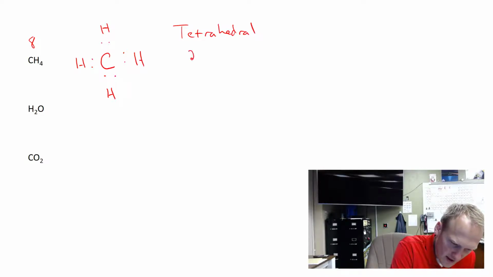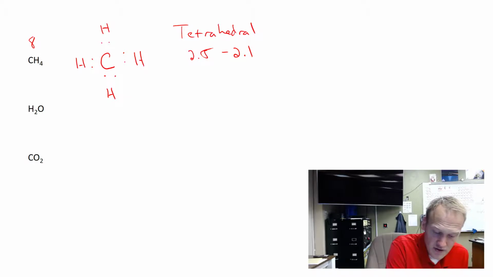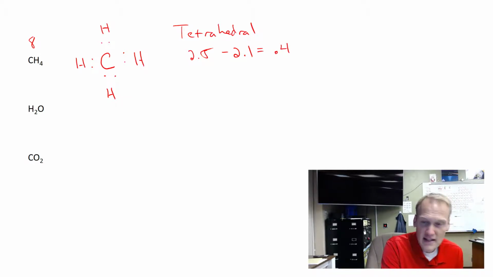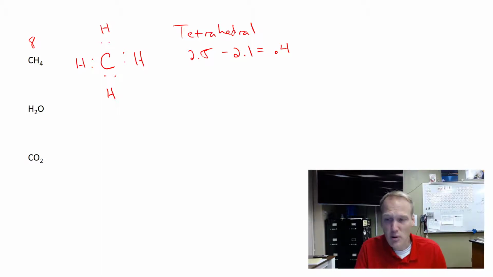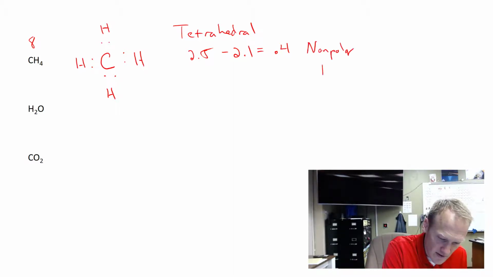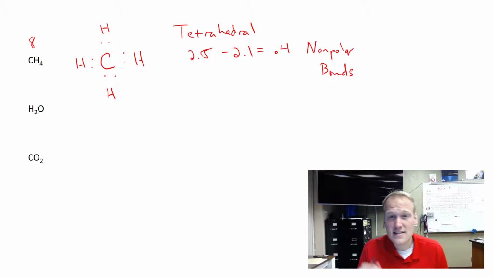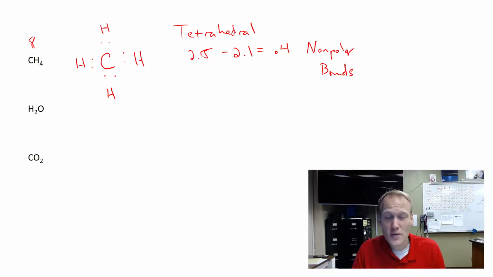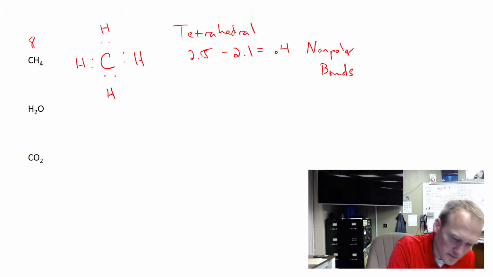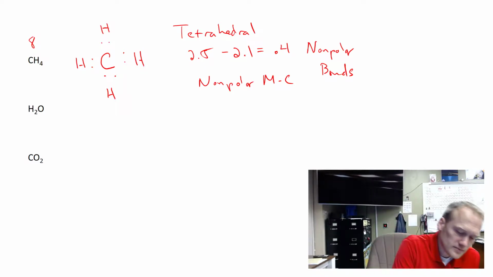Carbon is 2.5, and hydrogen is 2.1. That gives us a difference of 0.4, meaning that this methane has nonpolar bonds. The second that you identify this as nonpolar bonds, you know it's a nonpolar molecule, period. You can't get a polar molecule from nonpolar bonds. It can't happen. So we're done. Nonpolar molecule.